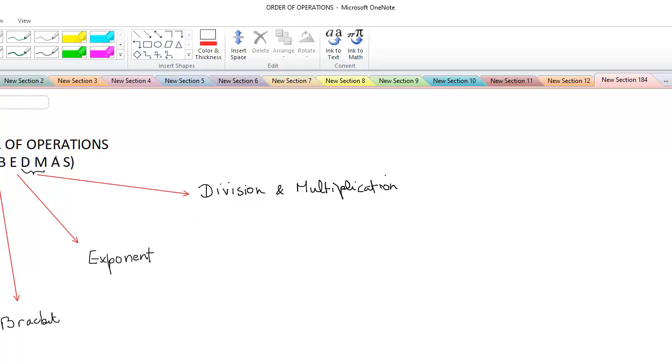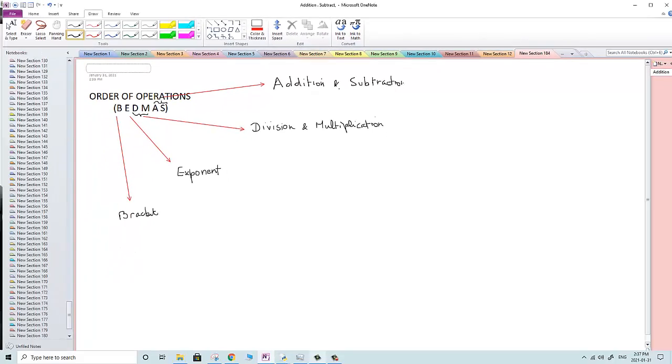After that, also at the same level, there are addition and subtraction. So when Python sees something like that, it checks the order. We do the bracket first, after that the exponent, after that division and multiplication, after that addition and subtraction.